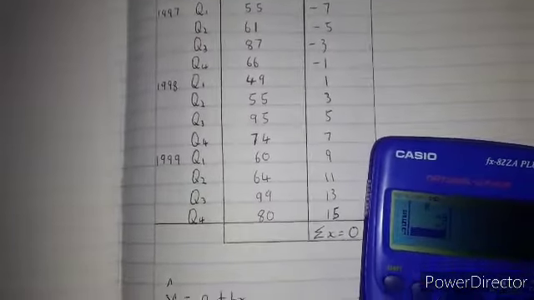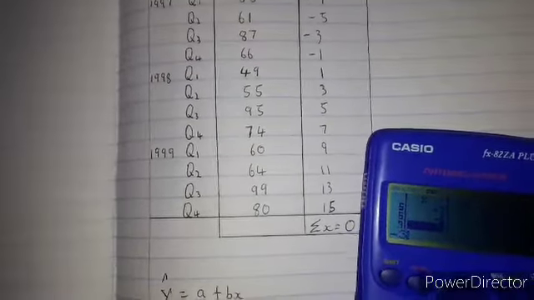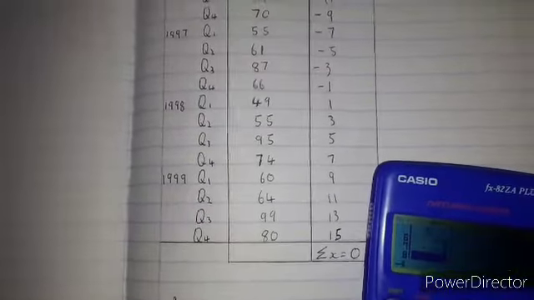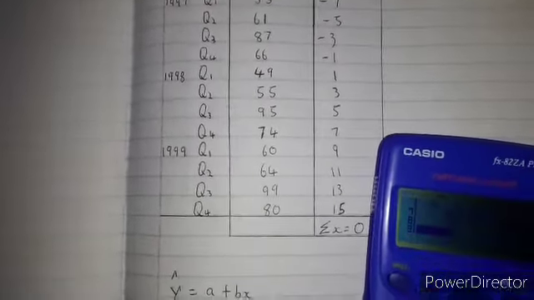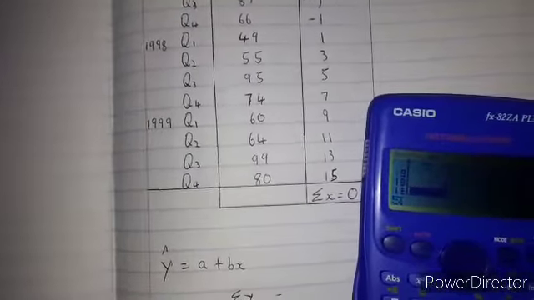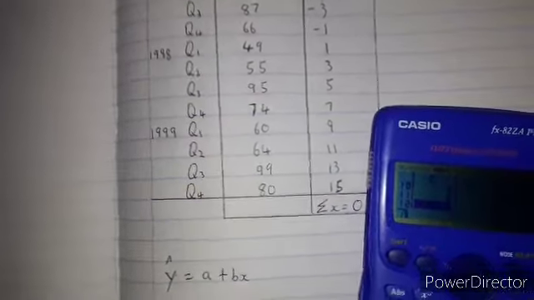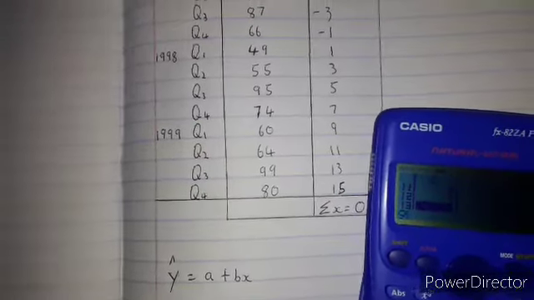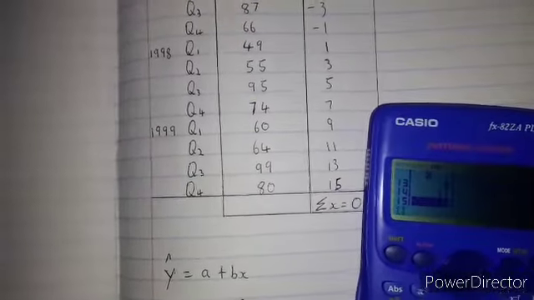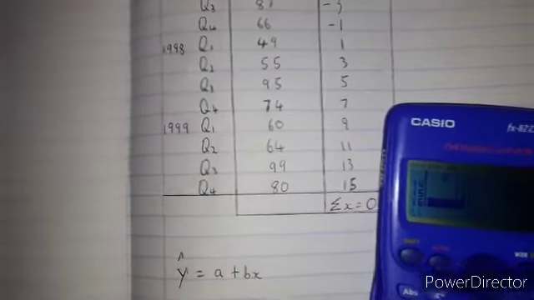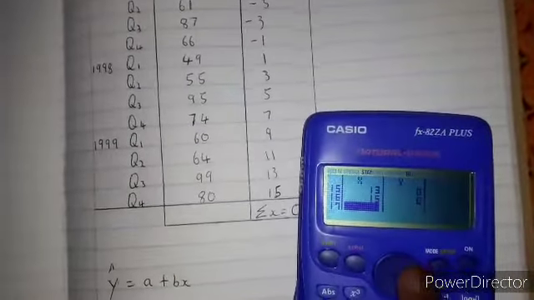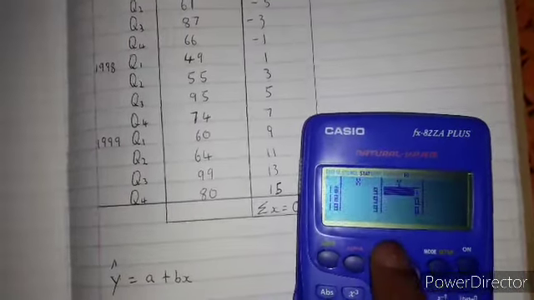Minus 5, equal. Minus 3, equal. Minus 1, equal. 1 equal. 3 equal. 5 equal. 7 equal. 9 equal. 11 equal. 13 equal. 15 equal. And then go to the y column.